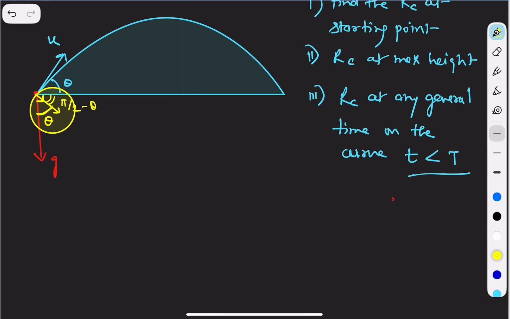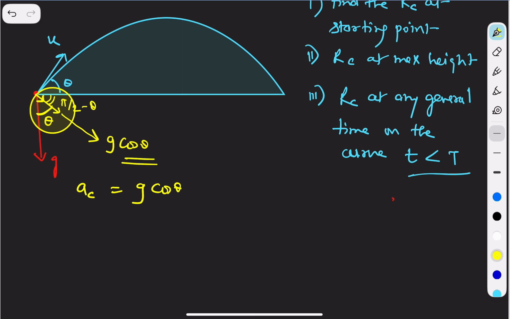So what we can say is that the centripetal acceleration component that you need here is g cos theta, directly. We don't need to do any dot product or anything, we can see from here with simple math. So the AC that you need here is g cos theta, to perform this part of the circular motion.